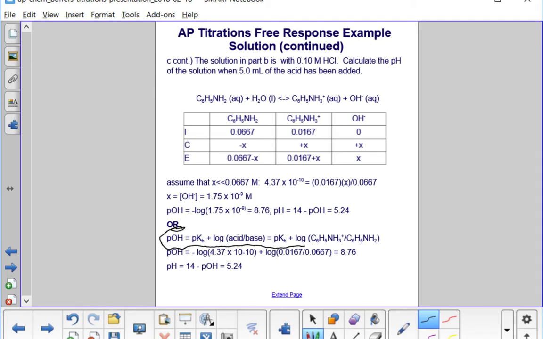So pOH is the pKb plus the log of the acid over the base concentration, or the minus log of the Kb, which you calculated in part B, 4.37 times 10 to the minus 10, plus the log of the acid, 0.0167, over the base, 0.0667, concentrations which we just calculated in part C. So we get a pOH of 8.76, and that would give us a pH of 5.24.